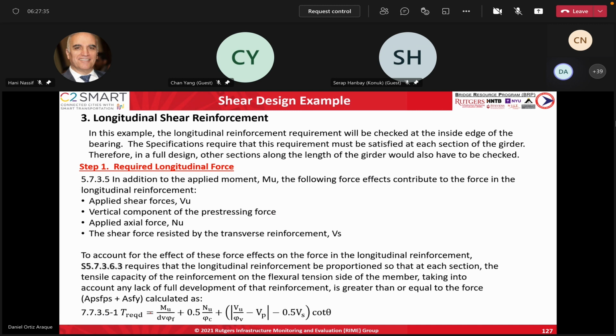An angle, and if you add the moments about point O at the top, then that's the force required for this longitudinal reinforcement.